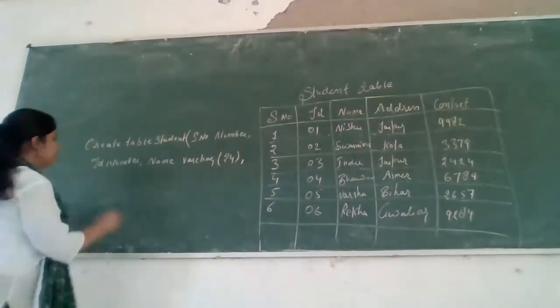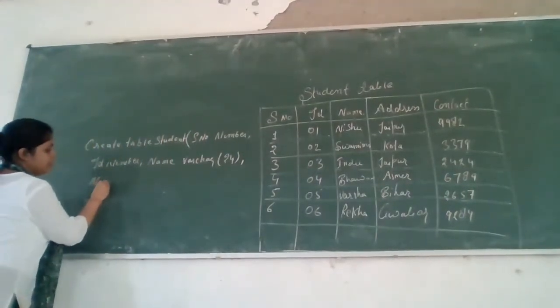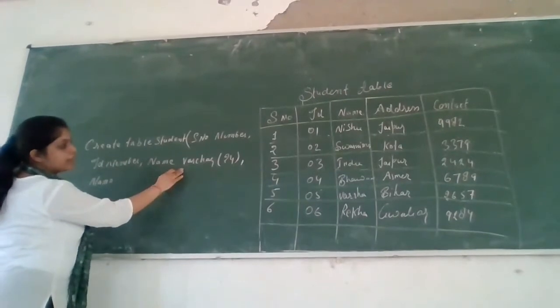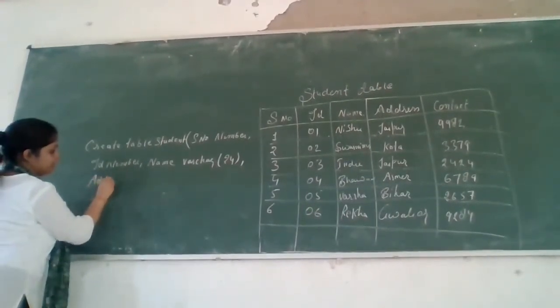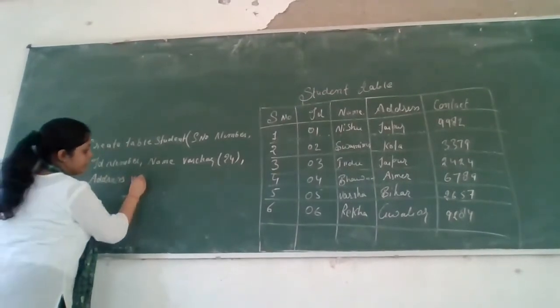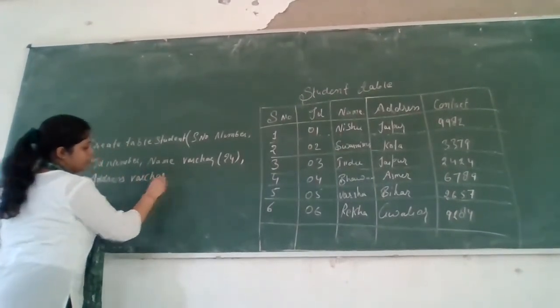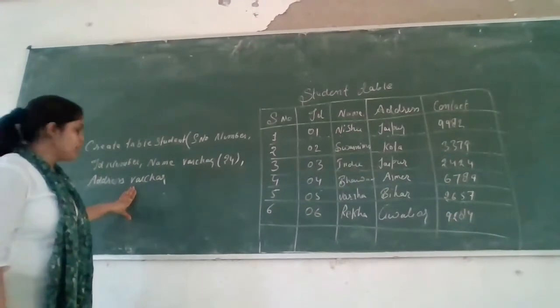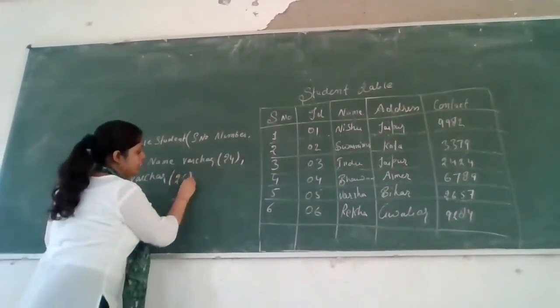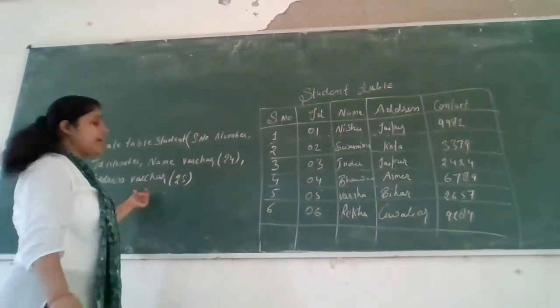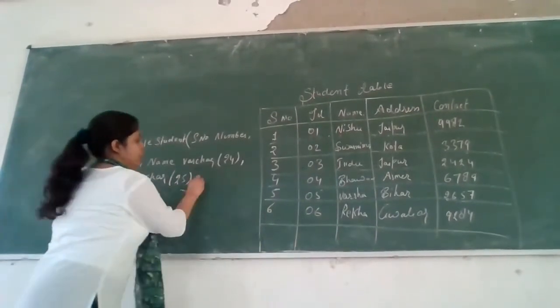Now we take name. Name we already took as a varchar. Then we take address. Address is a varchar. Var stands for variable and char stands for character. Now this is the data size for this character and this variable.